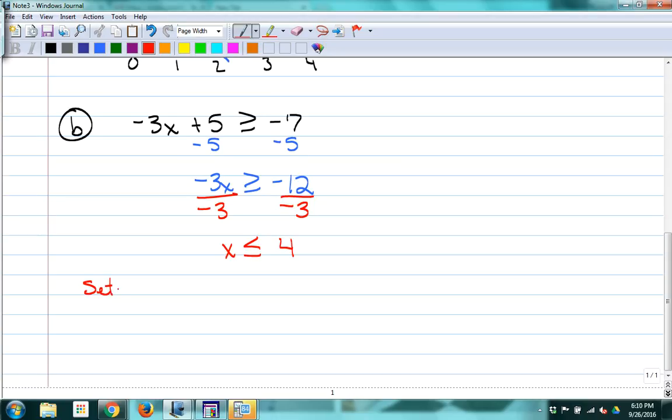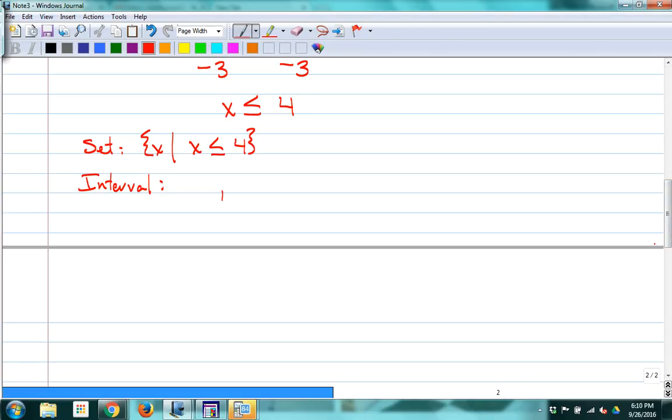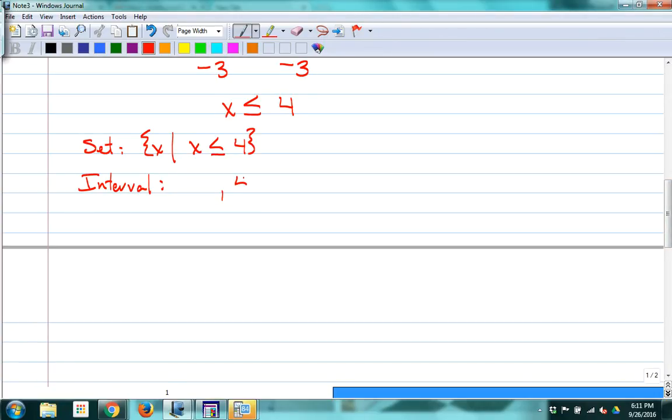Anytime you multiply or divide by a negative, you're going to flip that inequality symbol. Let's get our 3 forms. The set form, just straight up what you've already gotten written down. The interval form. If all the answers are less than or equal to 4, where's it going to start at? All the numbers are less than or equal to 4. Then the biggest number is going to be 4. And it would start at negative infinity. Now, is the 4 included on this one?